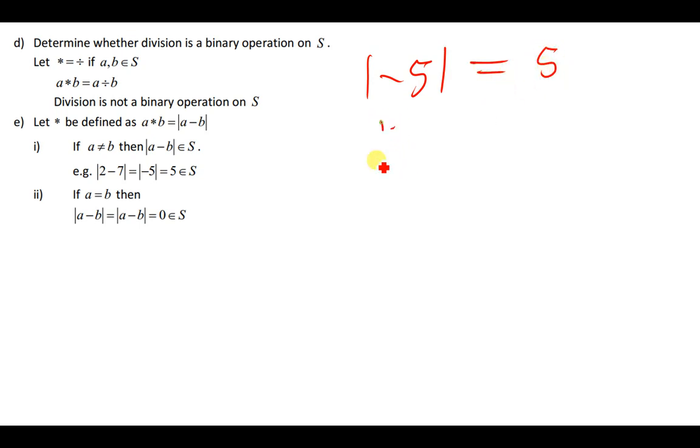The absolute value of 5 will still be 5. So what this means is that if you have the absolute value symbols outside the operation minus, the answer that you get can fall into the set of natural numbers. Alright, so let's quickly proceed.